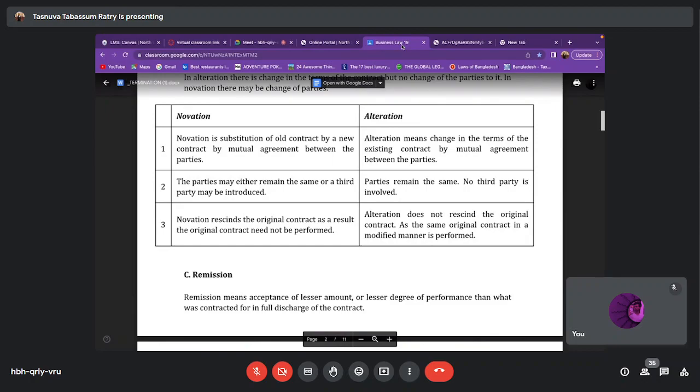As a result, there is no change in the parties and no third party is involved. And since new terms and conditions are being altered in the existing contract, you cannot rescind the original contract. So the original contract in a modified manner needs to be performed. Okay, so those are the main differences between novation and alteration.